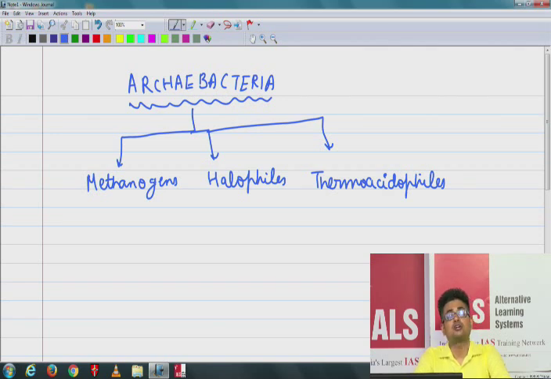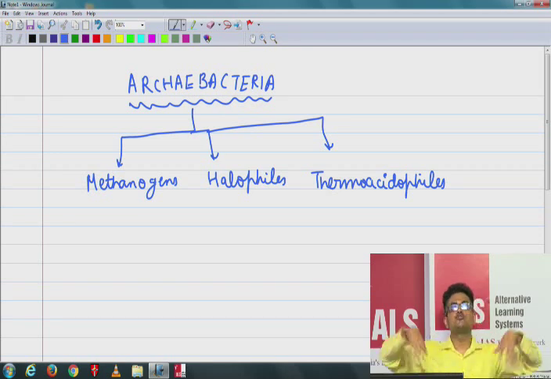These are called thermoacidophiles. Now, archaebacteria, they are the most ancient bacteria. Suppose, like you might have seen in newspapers, there are people who are over 120 years old, 110 years old. Now, whoever is a very old person will have a huge family.